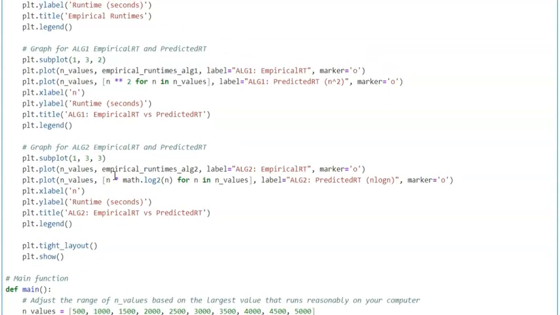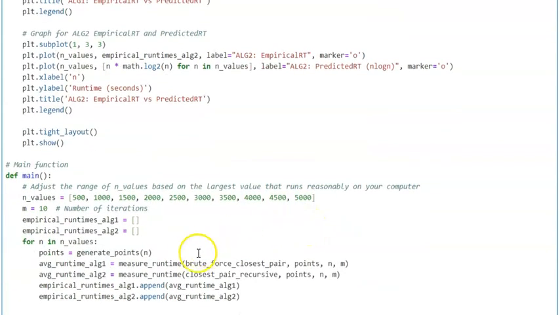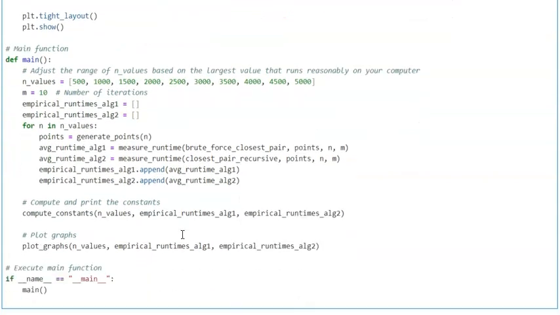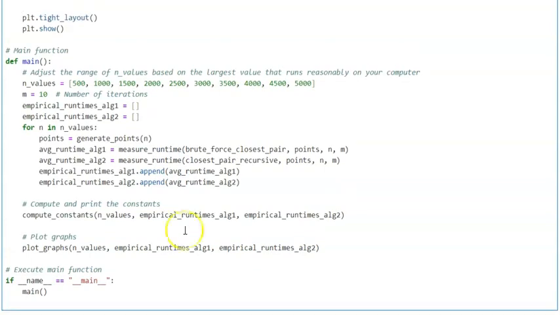So I have to scale it down to smaller values with intervals from 500 to 5000. So our input size is this, and m equal to 10 is the number of iterations we are doing for the values.